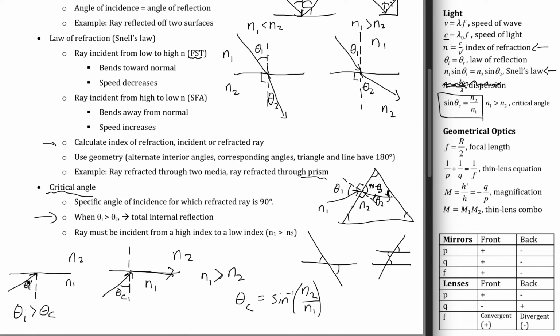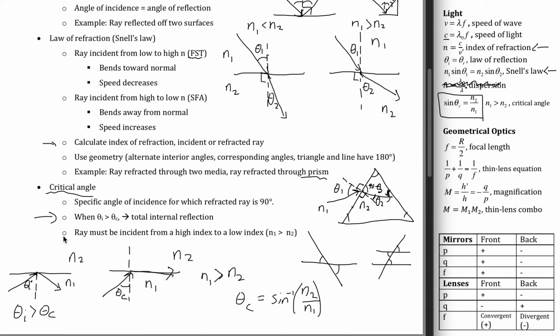But this is just a random angle that we want to know, okay, is this ray going to escape? So you compare this angle to the critical angle. If it's bigger, then all of the ray will be totally internally reflected and none of it will be refracted, none of it will go into that second medium. So that's the idea here.